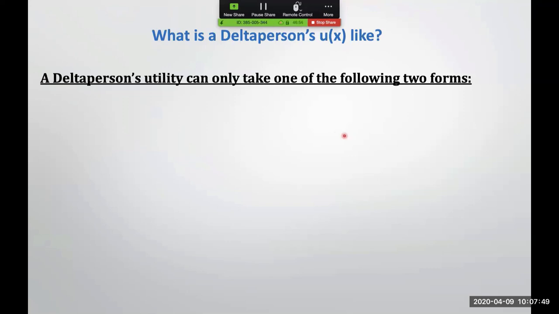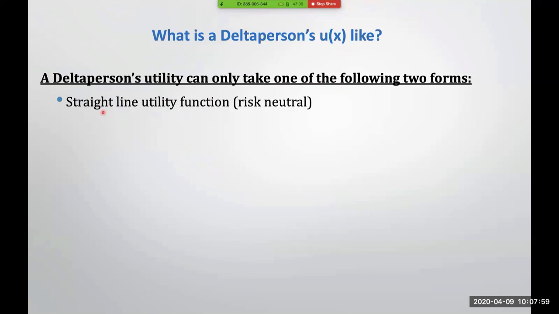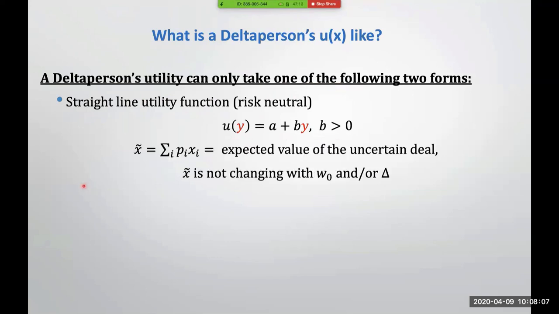And the answer is a Delta person's utility function can only take one of the following two forms. It can either be a straight line utility function, which means we have a risk-neutral person, or it could take the form of the exponential utility function like this.